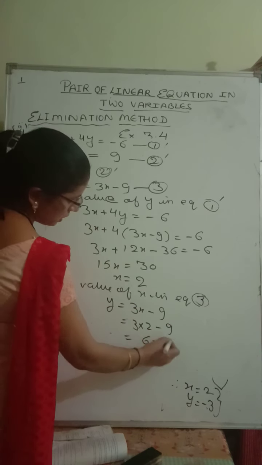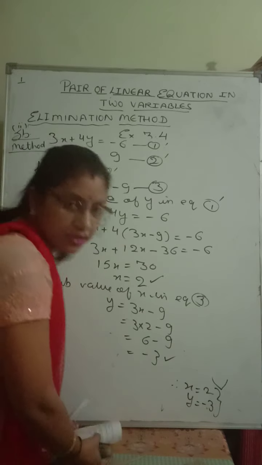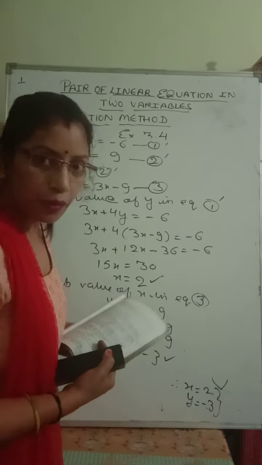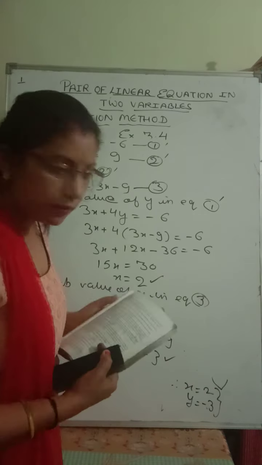Got value of x is equals to 2, value of y is equals to minus 3. Same value we get by both the methods. Okay, so this is the first question, 2 parts you have to do. Now we have a word problem, this second question, and it has 5 parts. Okay, so see it properly. So we will go to word problems.